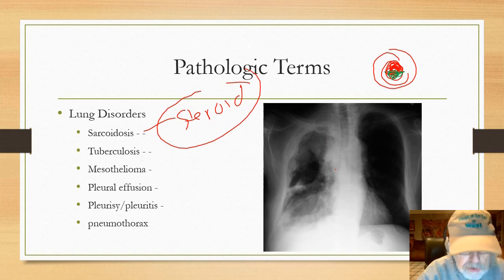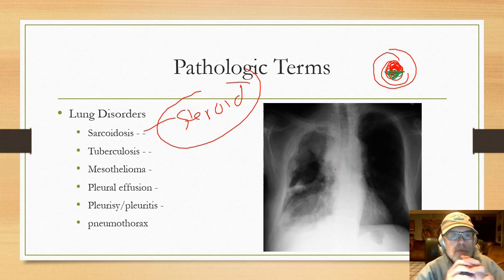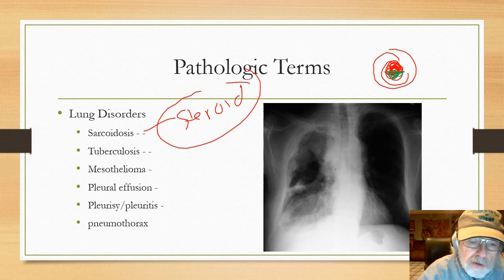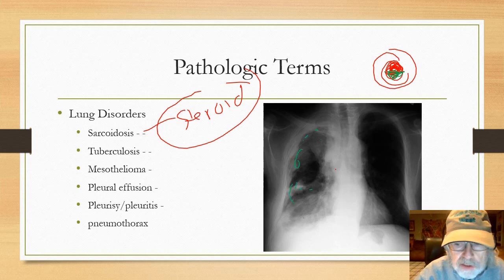When people are around asbestos, when they clean asbestos and so on, and they breathe the filaments in, because they're so small, they go out to the periphery of the lung. There they cause a level of inflammation out on the outside of the lung, and that area of inflammation then becomes a cancer called mesothelioma.